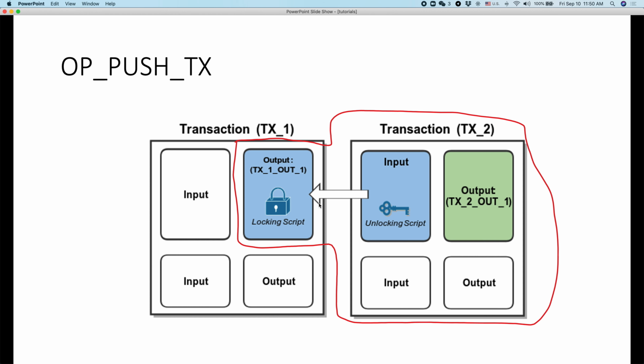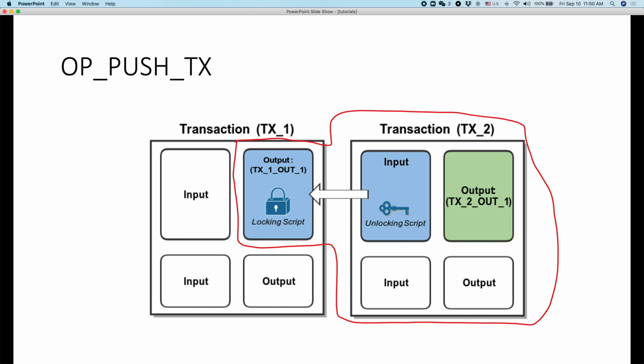The sighash preimage mostly consists of what's in the red circle here. There are some minor details, but you can regard the sighash preimage as consisting of the current transaction and also the UTXO it is spending.